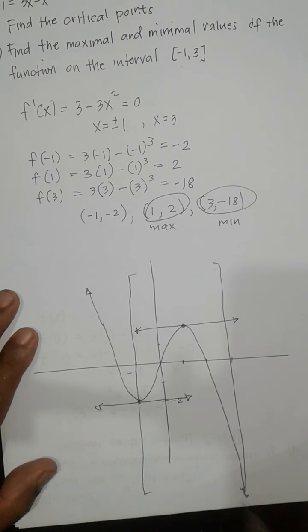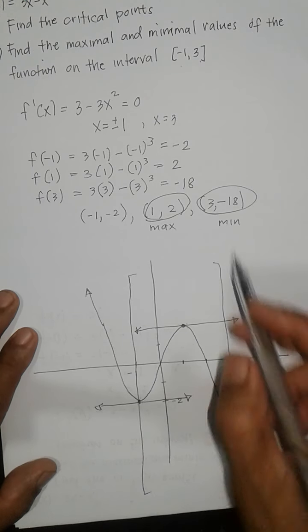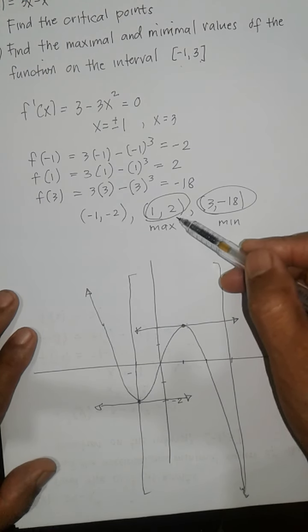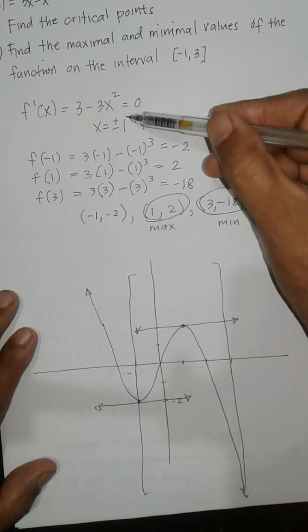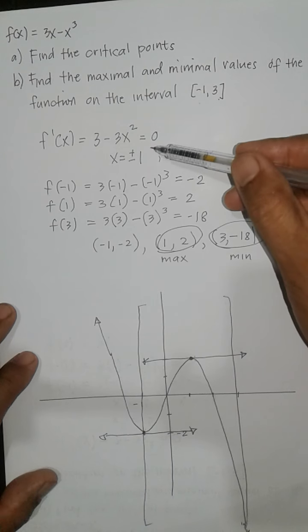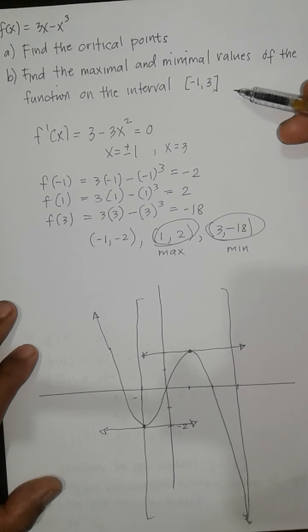So at these 2 points that we have here, as solved using Fermat's theorem, these are the 2 points, namely positive and negative 1. And of course, 3 here happens to be the end of our function as dictated by our interval.